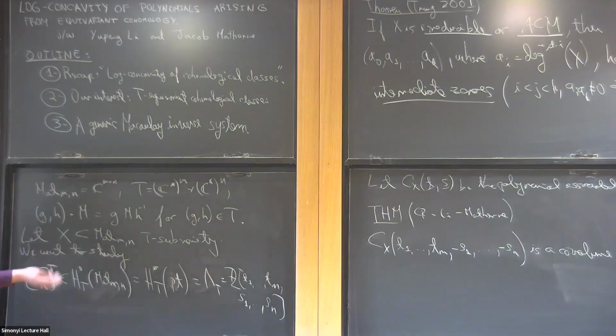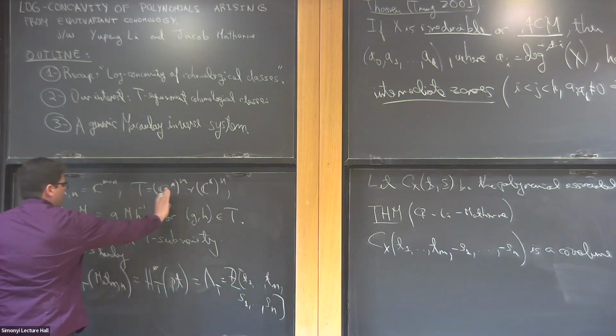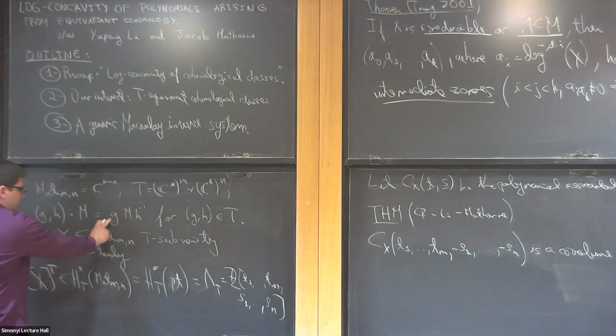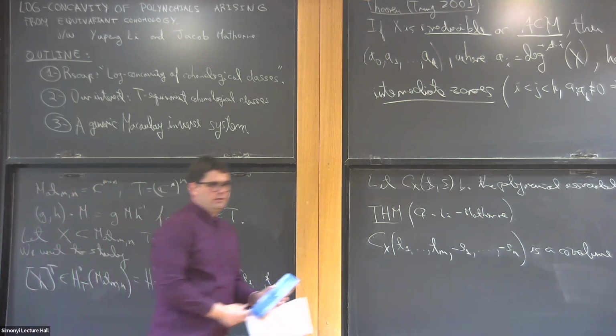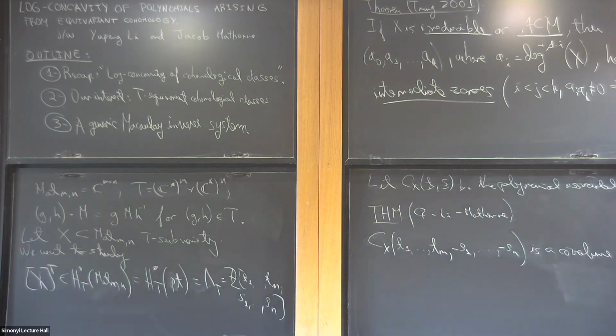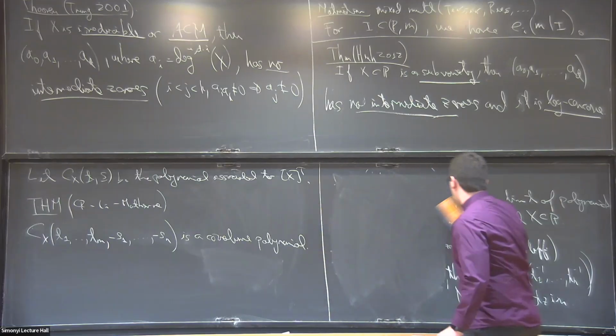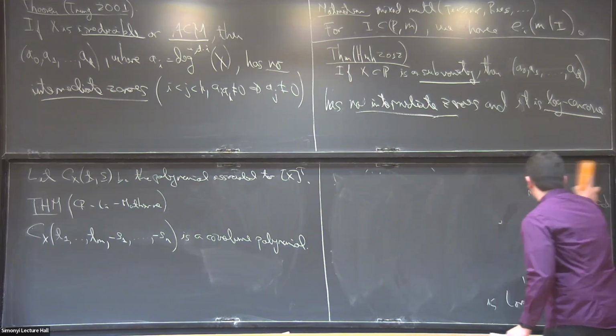You can take any affine space and any torus, as long as you can divide the weights, like you can see here the weights are positive and here the weights are negative. As long as you can have a positive part and a negative part, this theorem will hold. And let me show an example that if you do not have that property, then you will not get this kind of result.